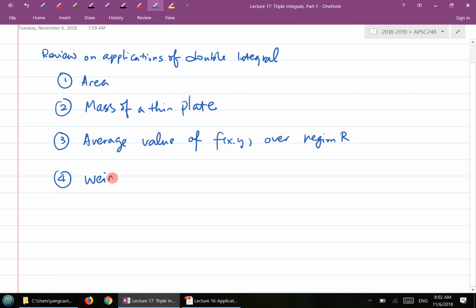And then we have this weighted average of the function f over the region R. Similar concept.